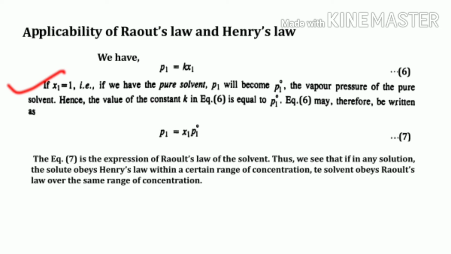Equation 6 may therefore be written as P1 equal to x1 into P1 naught. Give it equation number 7. Equation 7 is the expression of Raoult's law for the solvent. Thus we see that if in any solution the solute obeys Henry's law within a certain range of concentration, then the solvent obeys Raoult's law over the same range of concentration.